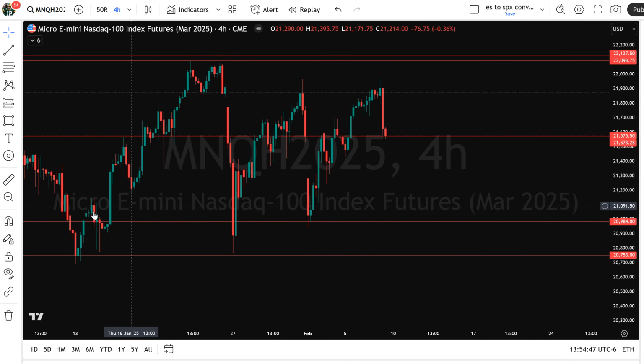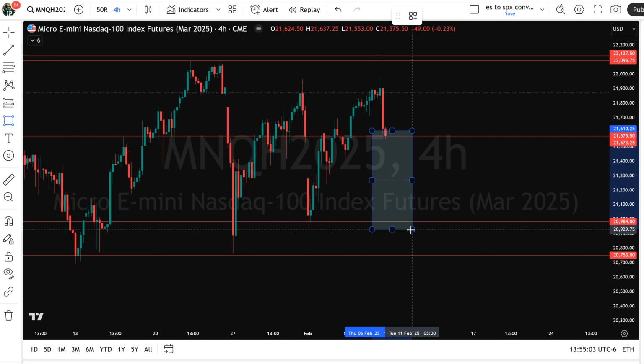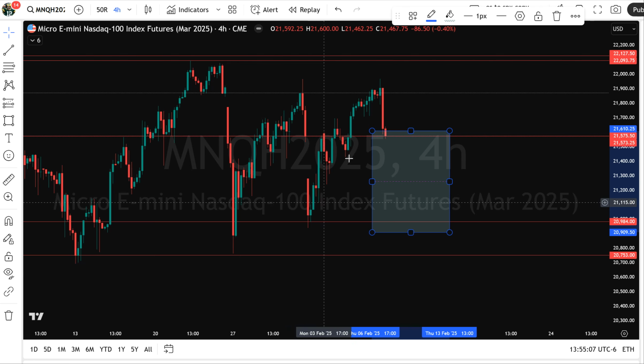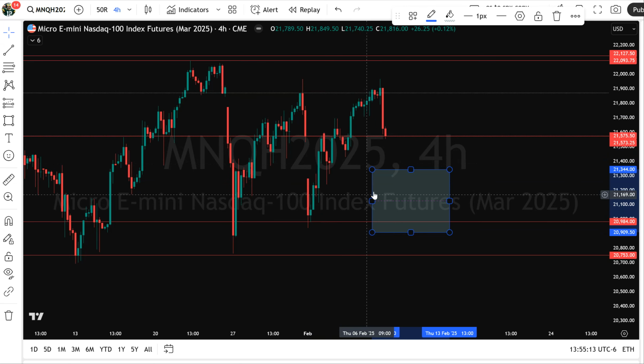But based on what I've been seeing here of these increases, pullbacks, I'm thinking that we probably are going to pull back a little bit more, either to this area here, somewhere at least halfway as far as these two lines are concerned.